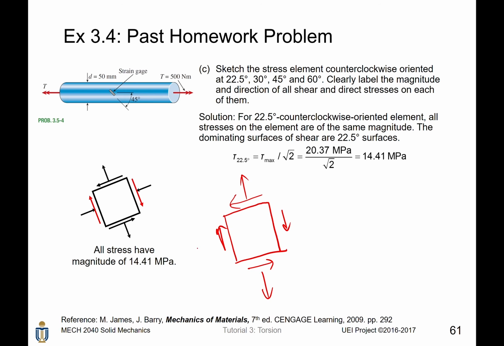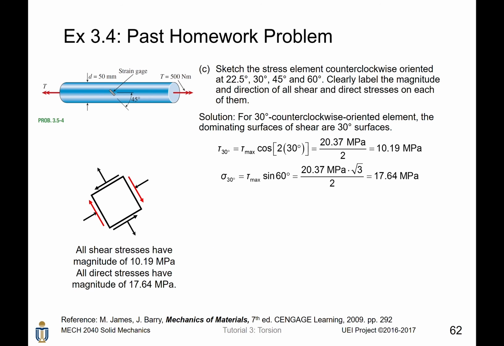Finally, we can draw the rest of them. As we discussed in the previous special case session, for the 22.5 degree oriented element, the magnitude of all stresses acting on this stress element is just the maximum shear stress divided by square root 2, which is 14.41 million pascals. So all stresses have the magnitude of 14.41 million pascals in this figure.